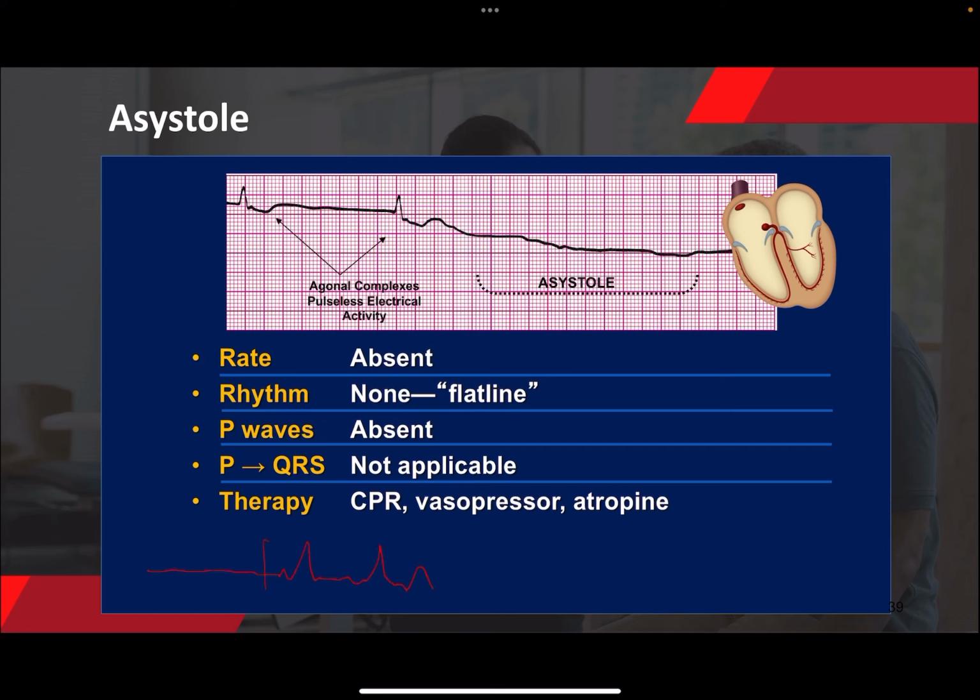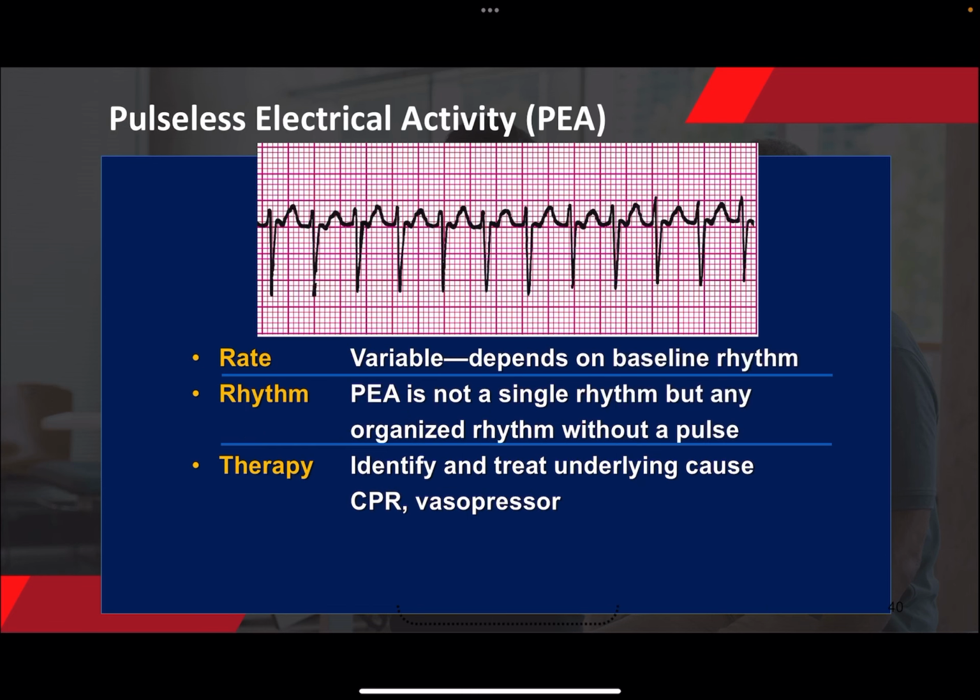No, that's for theatrical purposes only. We only shock the patient if the rhythm is something like VF. Your treatment for asystole is CPR and epi. For PEA, there is an organized rhythm like this, but once you check the patient's pulse, there's no pulse. It's just electrical activity, not generating cardiac activity.